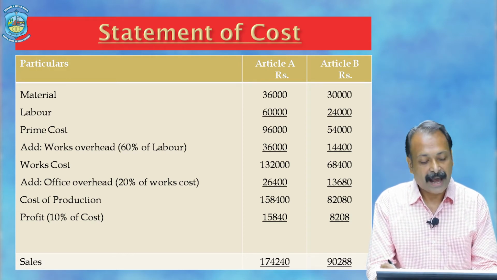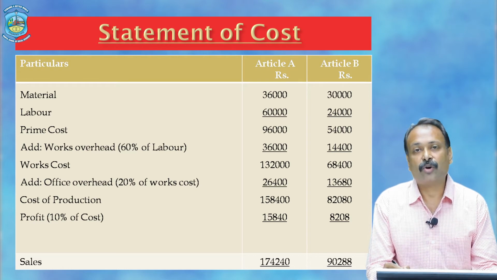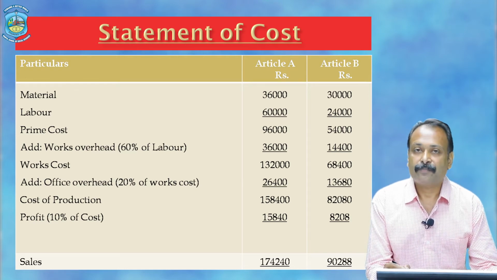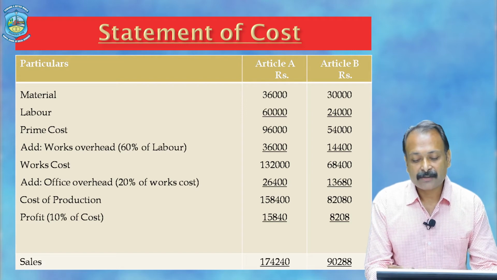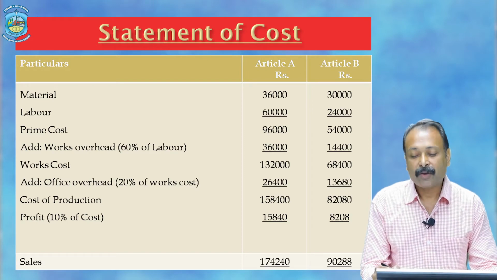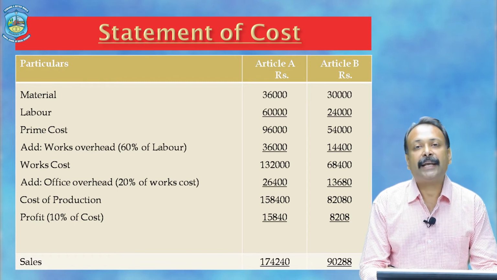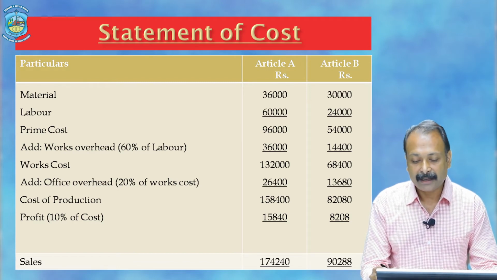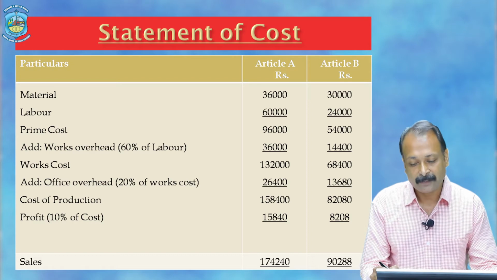Now we have to add works overhead along with prime cost to know the works cost or the factory cost. So when we add 96,000 plus 36,000, the total becomes 1,32,000 for article A, and when we add 54,000 and 14,400, the total becomes 68,400. So dear friends, the works cost for article A is 1,32,000 and for article B is 68,400.